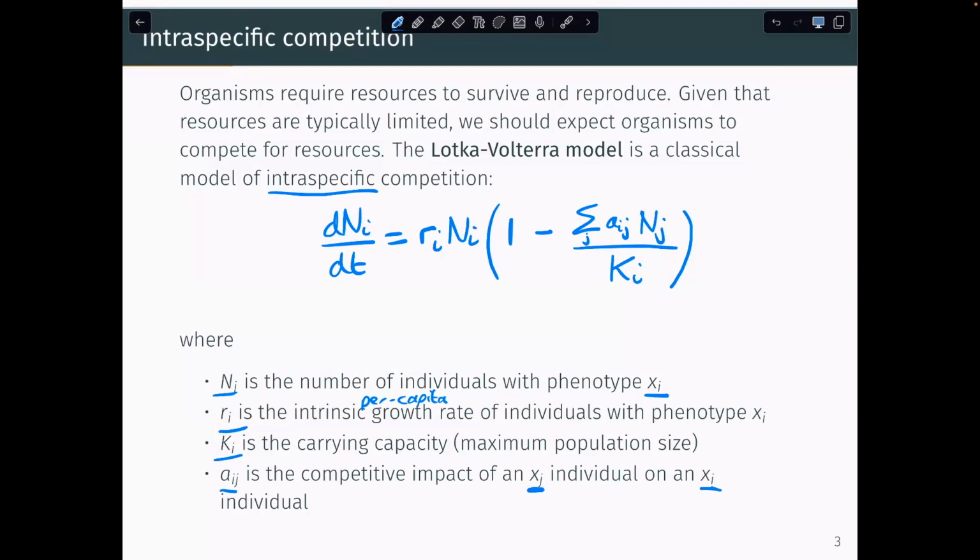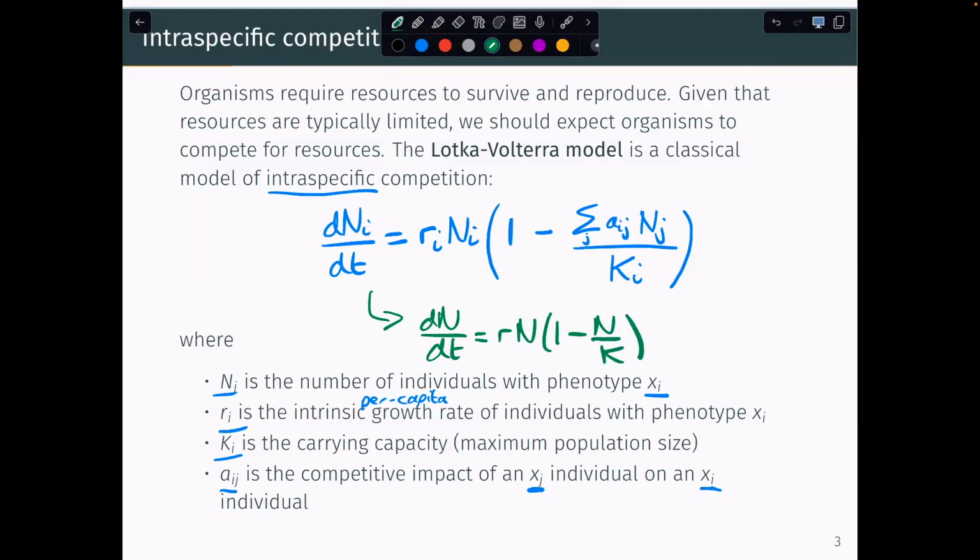Now, if there was just one phenotype in the population, we would typically set this A ii, so when i is equal to j, equal to 1. Then in that case, you would end up with dN/dt, let's just call it N in this case, equals rN(1 minus N over K), which should hopefully look familiar to you if you've seen a logistic model.